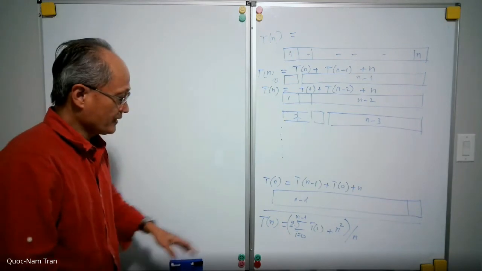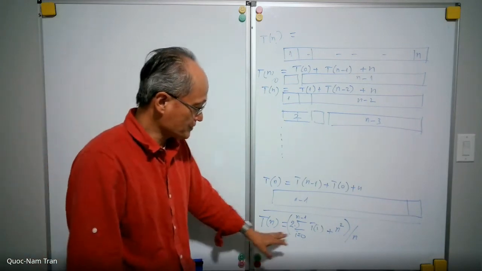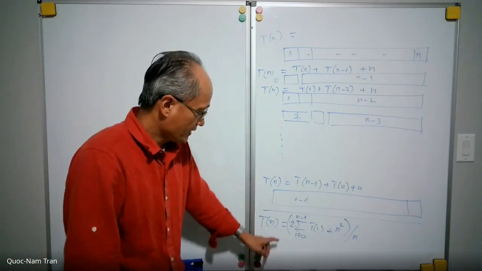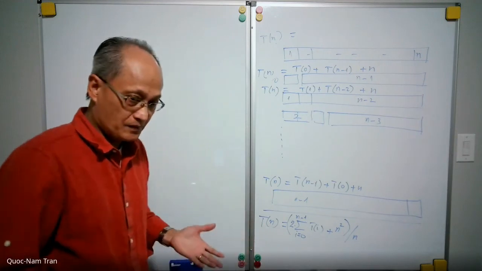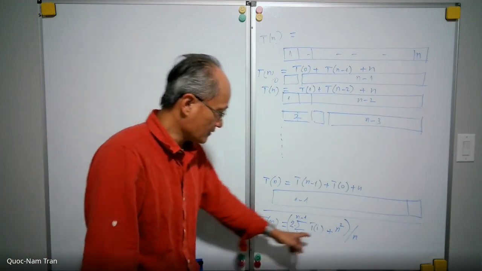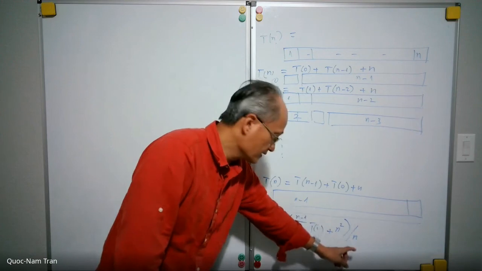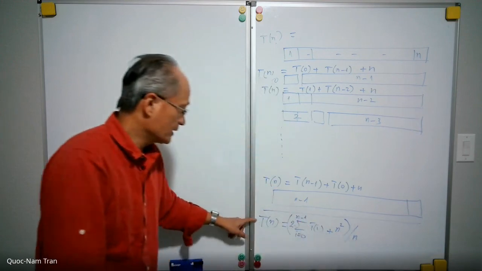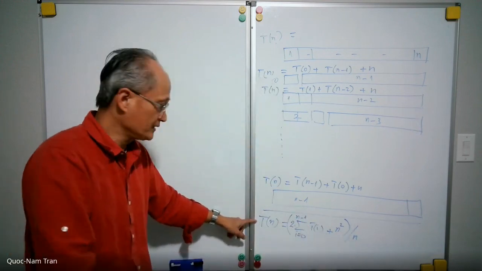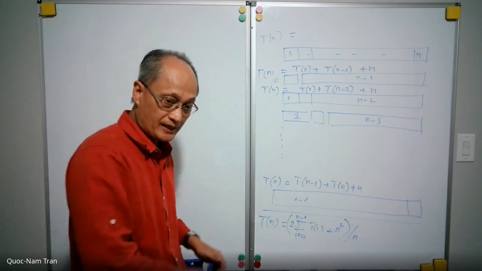All right, so now our goal is to solve this one. Instead of dividing by n here, I will multiply n with both sides.